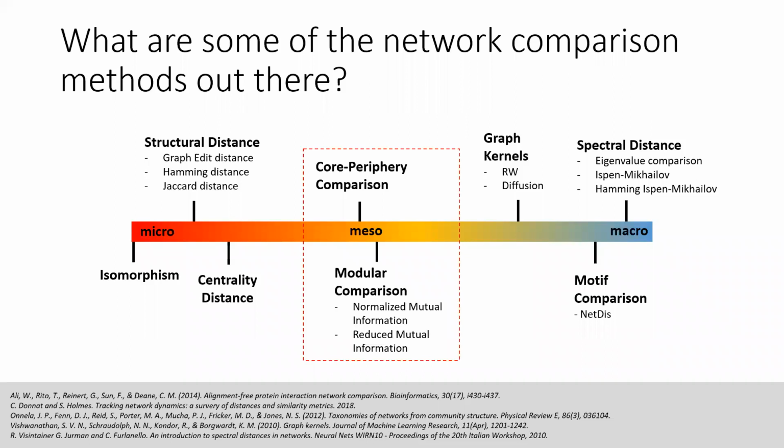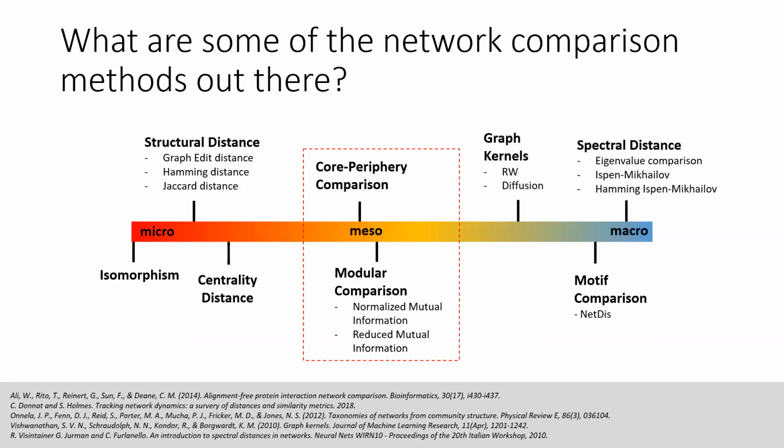So this feature can go from, if we look at the red region on the left, a micro scale, where you consider only local properties, maybe of each node within the network, and compare them across two different networks, all the way to a macro scale, where you're comparing some global feature of the network. And we are specifically interested in this mesoscale, this intermediate scale, in which we've placed the modular comparison of networks.